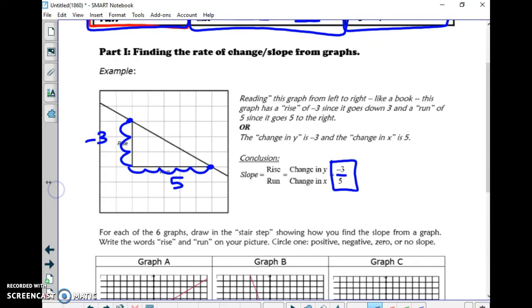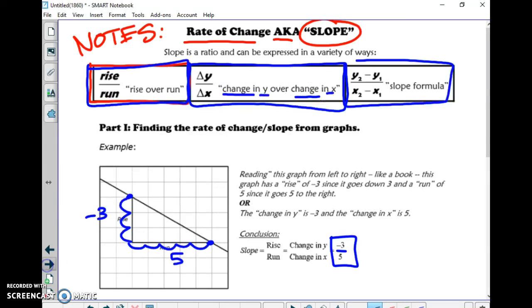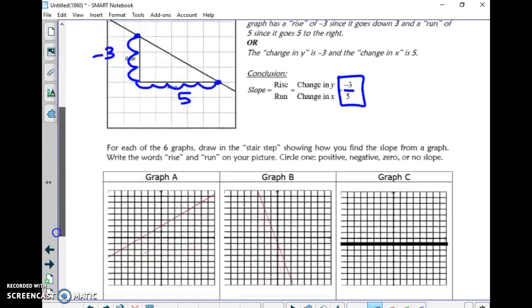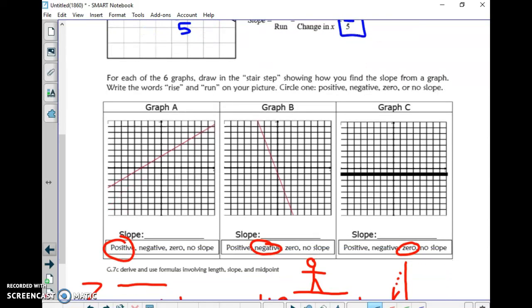Can I have everyone's attention? On graph A, let's count the rise over the run from left to right. Did you pick points on the grid?